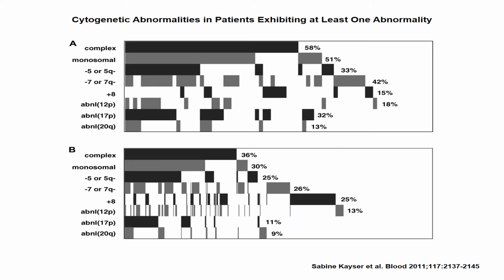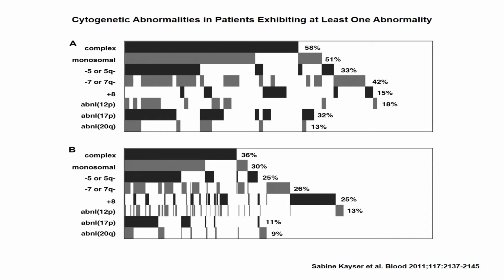In terms of outcome, by cytogenetic risk, the outcomes for therapy-related patients and even secondary AML patients obviously is significantly worse. This is favorable, intermediate, and adverse risk patients. This is overall. De novo is blue, and they significantly have a better outcome.